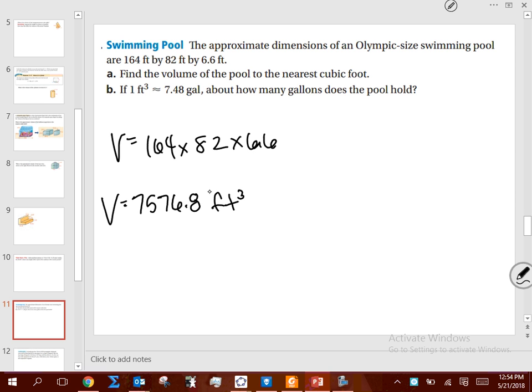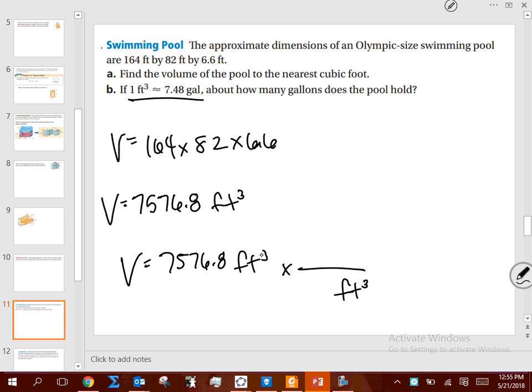All right. This says change this thing into gallons. So it says feet cubed, right? When I multiply, where do feet cubed need to go? Bottom, because they need to cancel. That's telling me where they need to go.